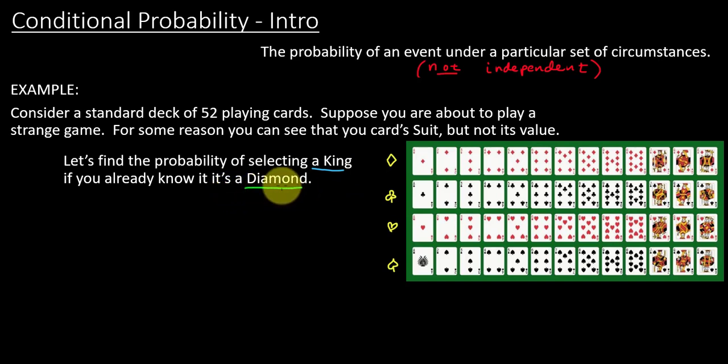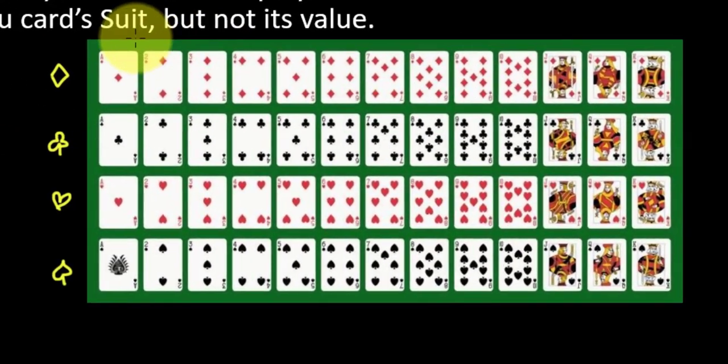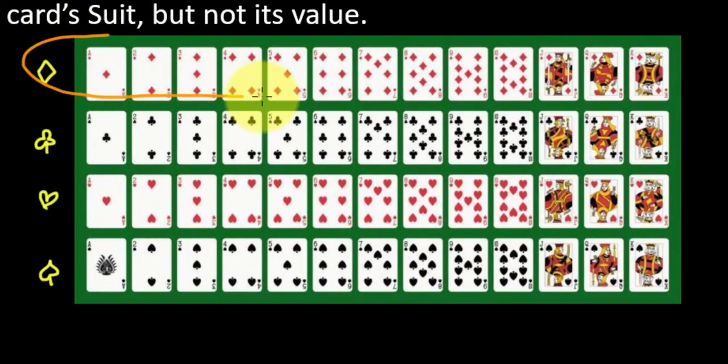So you already know it's a diamond. The event of interest is king. Well, we already know it's a diamond. A quarter of the deck is diamonds. If I was to circle those here, there they are.